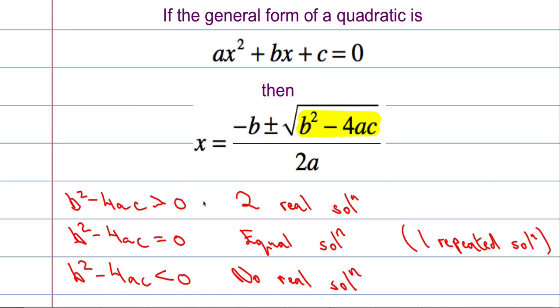In the first instance, that means the graph cuts the x-axis twice.